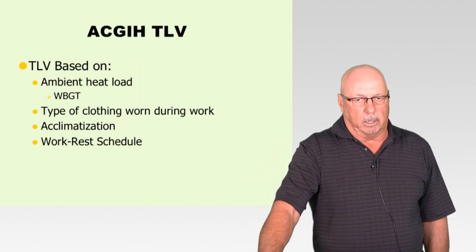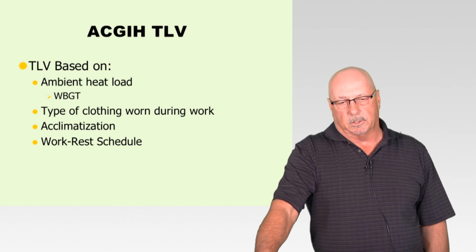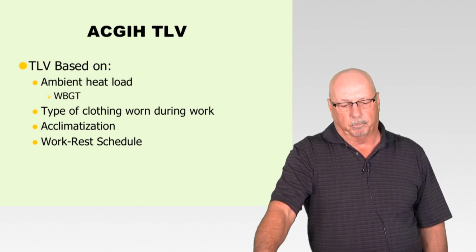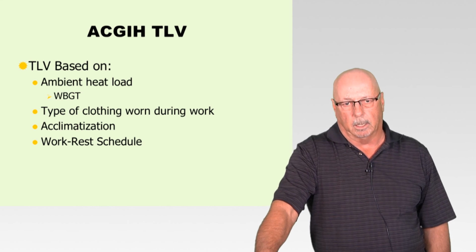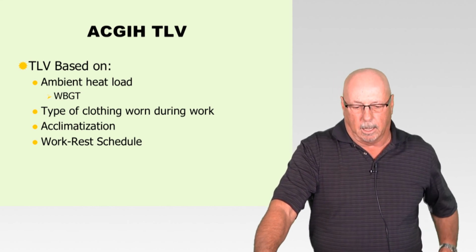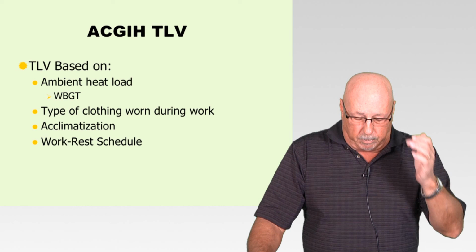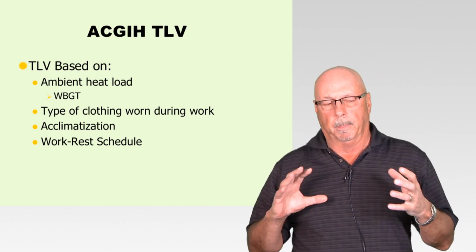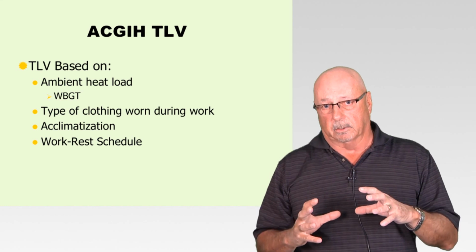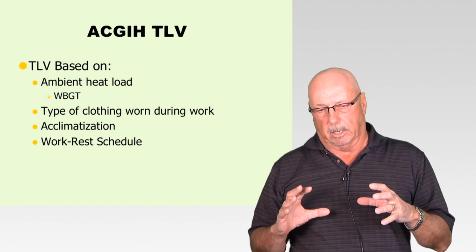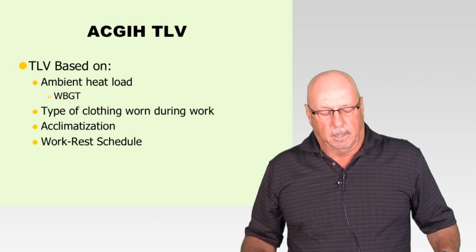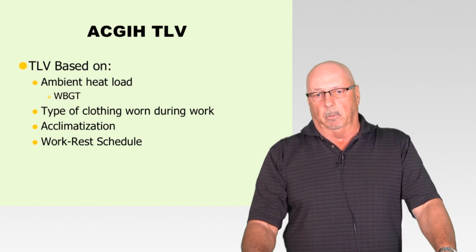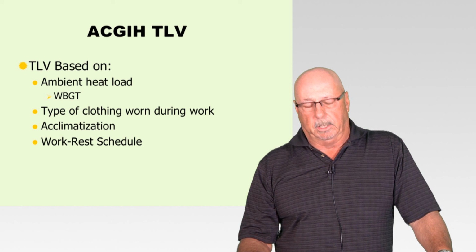Now, the American Conference of Governmental Industrial Hygienists, the ACGIH, published TLVs for heat, and again, these are recommended guidelines, and basically what they consider is the overall environmental factors, and they have developed what is referred to as the WBGT, which is a wet bulb globe temperature.